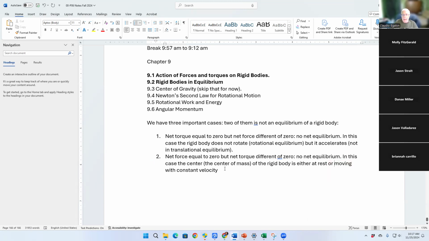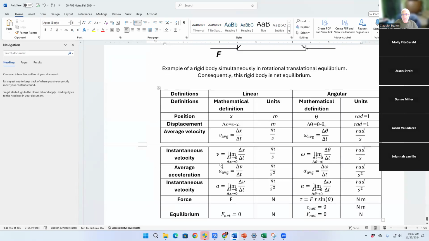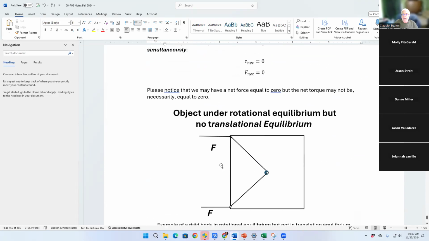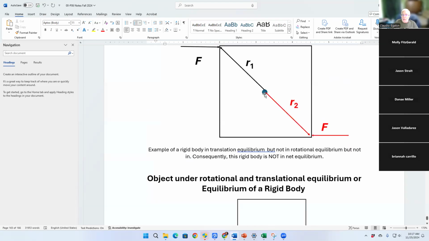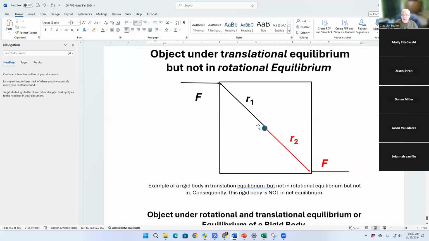And in the case of this example right here, the center of mass coincides with the geometrical center of the rigid body.